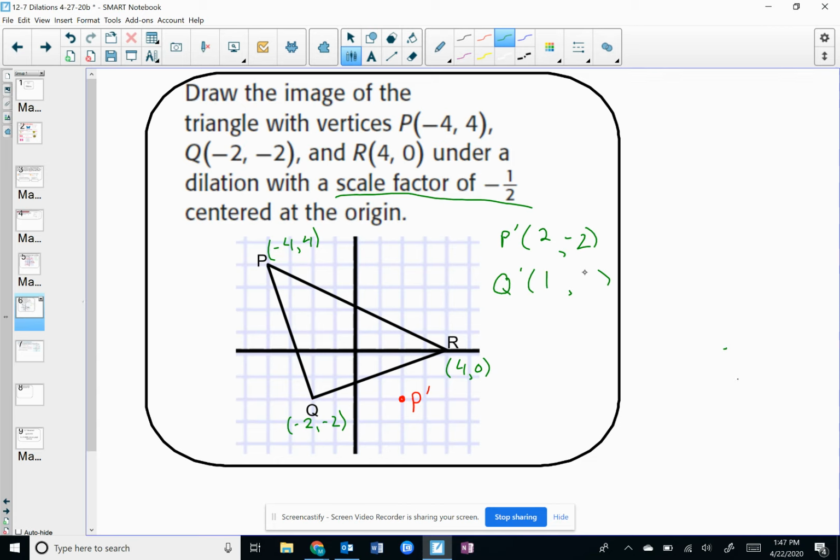So +1, +1 for Q prime. And then R prime. Four times -1/2 is -2, and then 0 times -1/2 is 0. So -2, 0 is where R prime is.